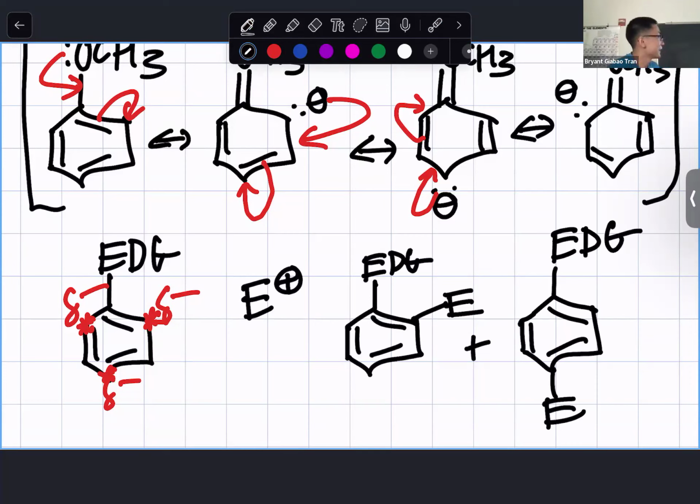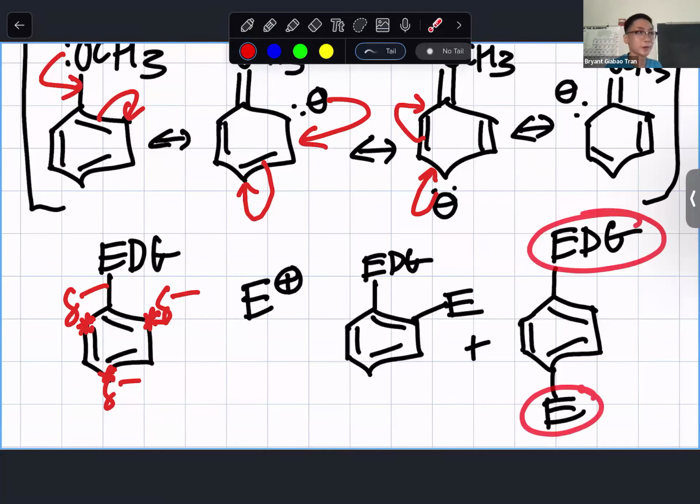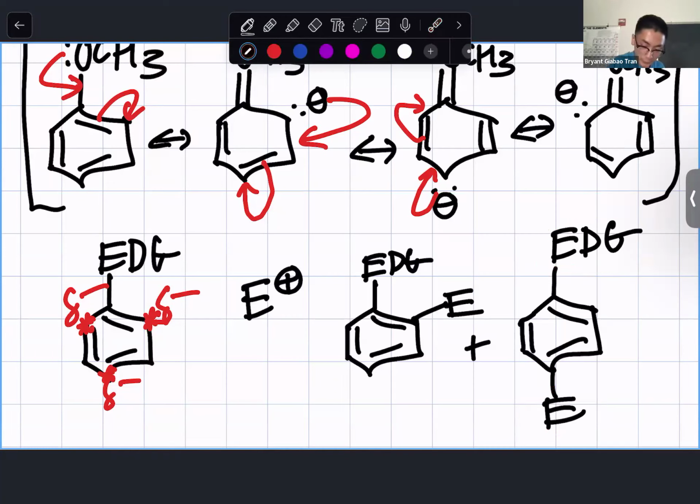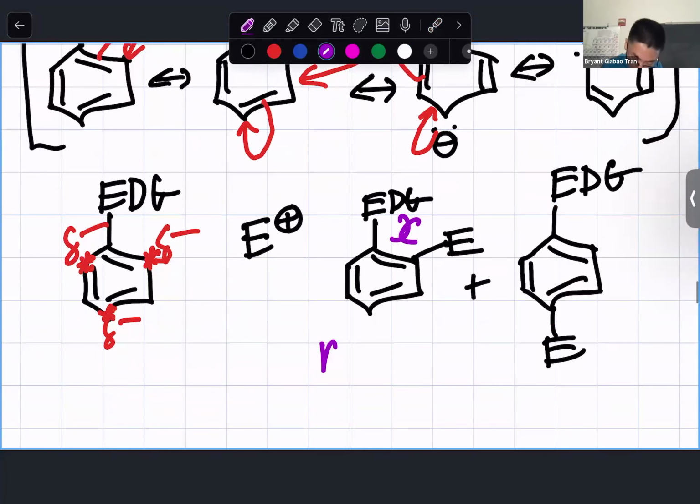Yeah, it's para. And that's because of less steric hindrance. Those two groups here are far away from each other, avoiding steric hindrance. In the ortho position, these two groups here are close to each other, having more steric hindrance. Right? So that's why the ortho is considered minor and the para is considered major.